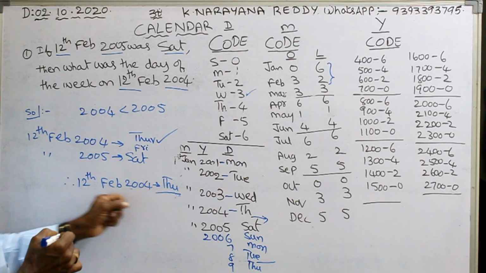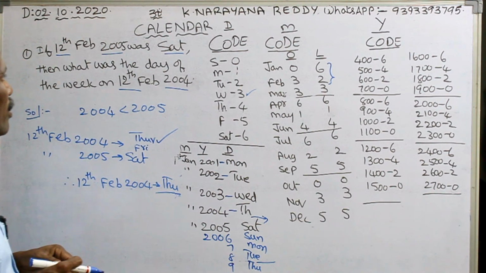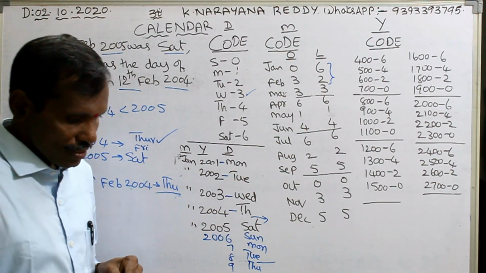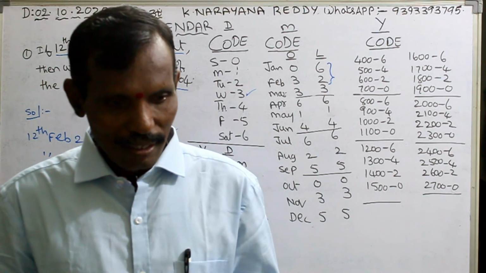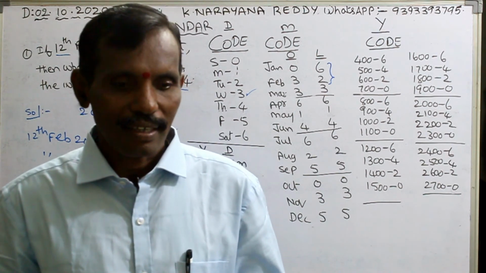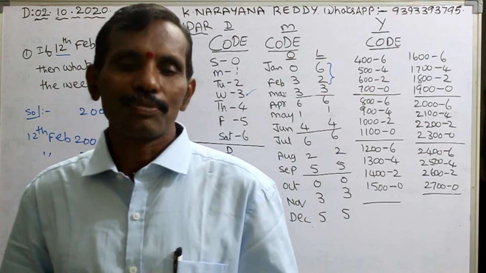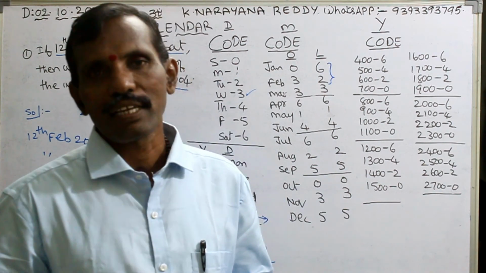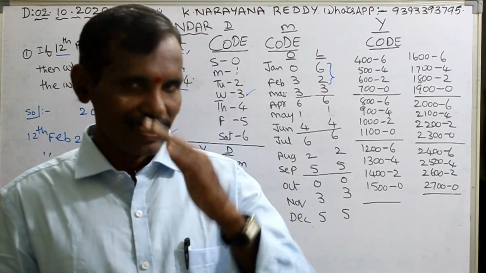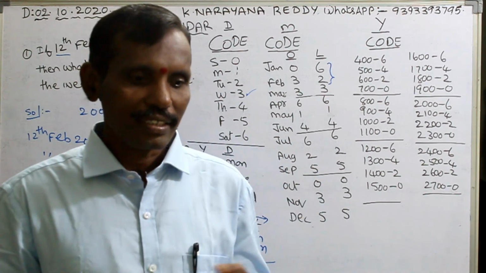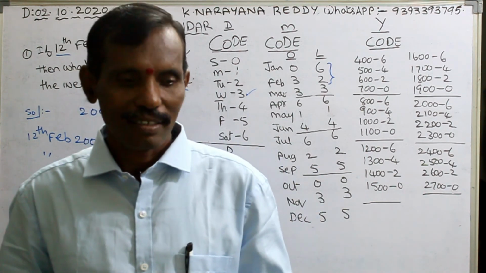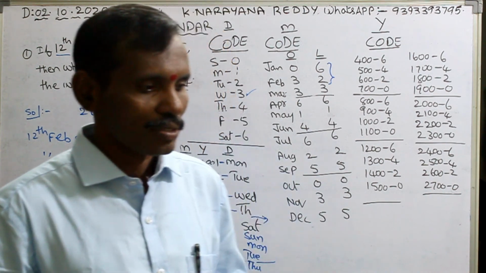Okay? These are simple tricks which are used in calendar problems. Please practice these tricks and try to complete as early as possible in competitive exams, saving time for your success.